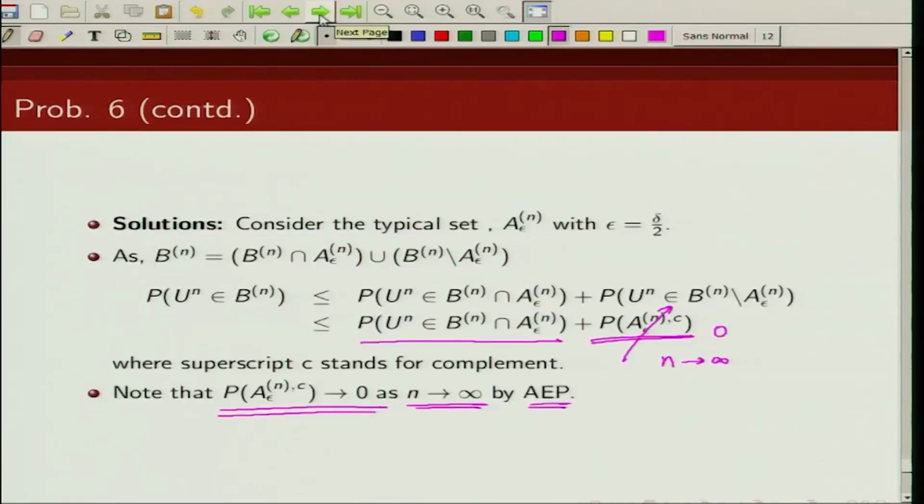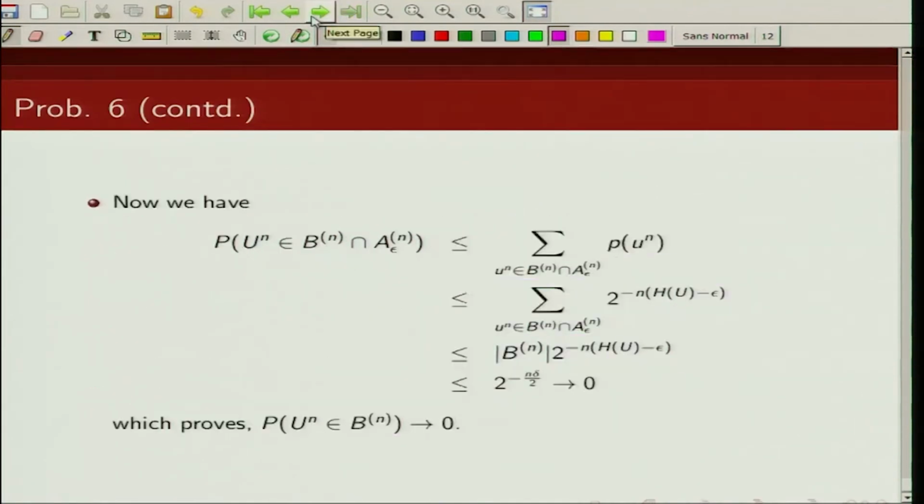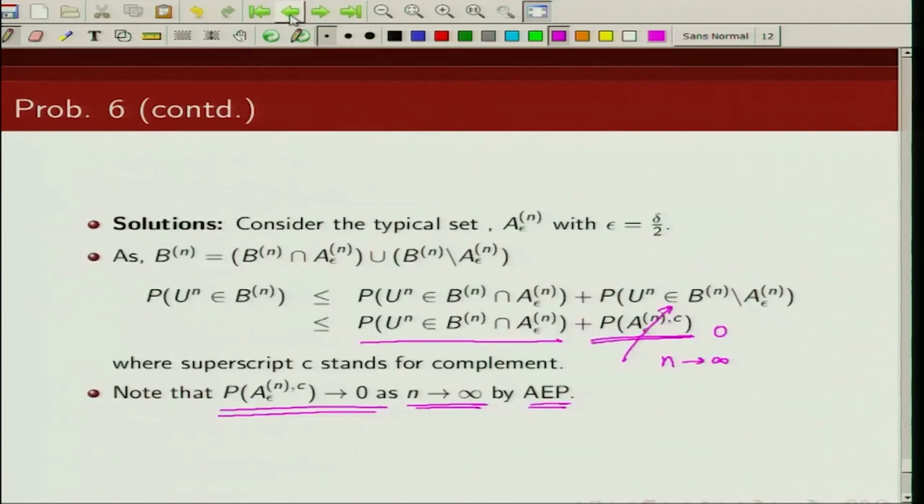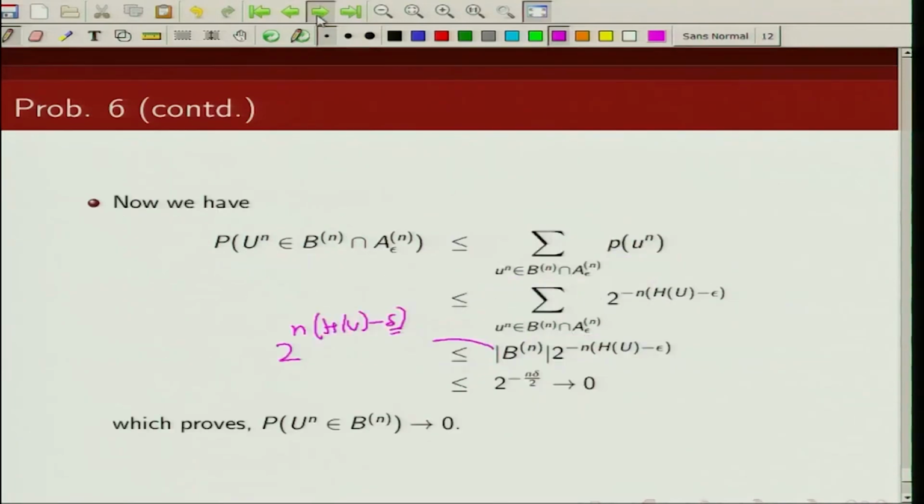So if I plug in this value of Bn, and plug in the value of delta, where epsilon we chose as delta by 2, then what I get here is 2 raised to power minus n into delta by 2.